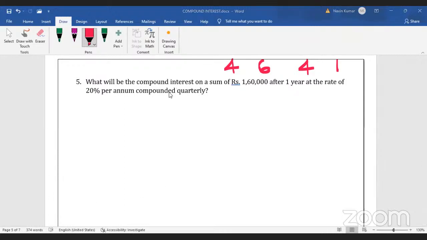It's written compounded quarterly. So in 1 year, how many quarters are there? 4. And what will be the rate? 20%. Oh no, 5. 20 divided by 4. 5%.